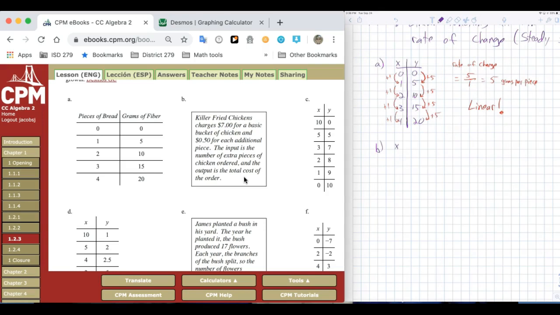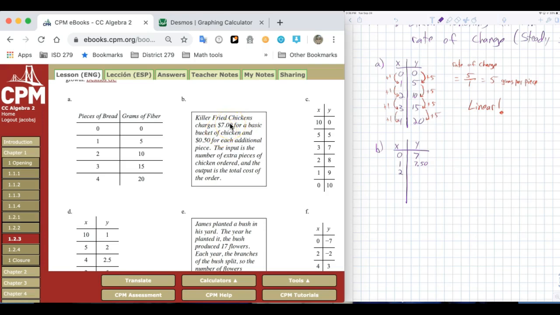If our input is the number of extra pieces, and our output is the total cost, if we don't buy any extra pieces, then we just have the basic bucket, which is $7. But if we buy one extra piece, then the cost is $7.50 because I had to buy another piece of chicken.